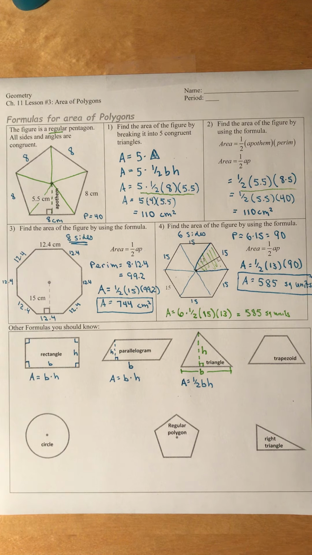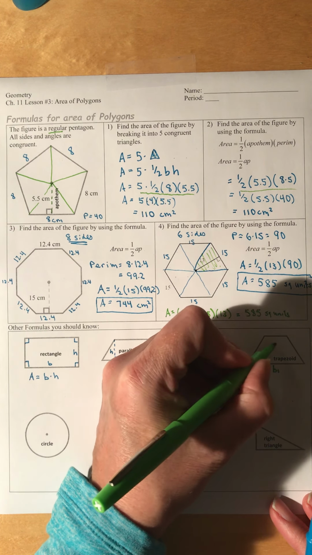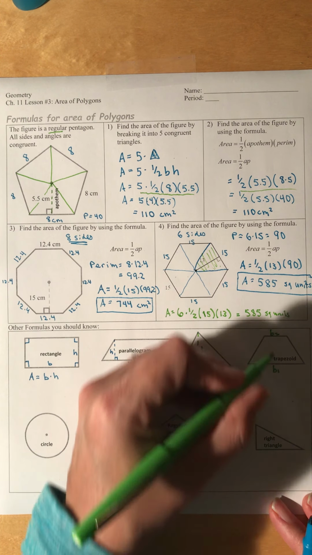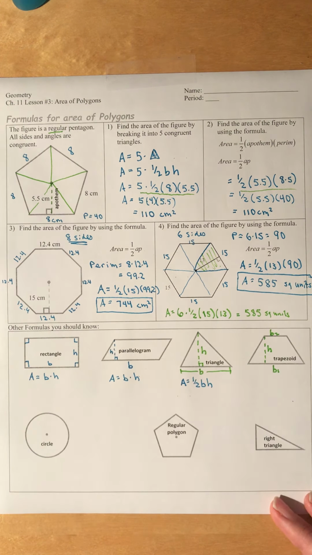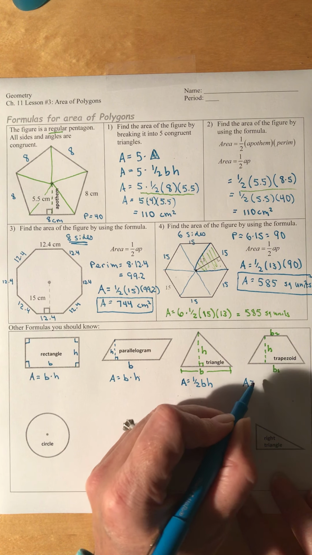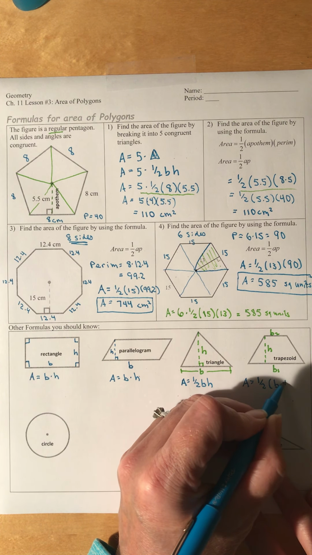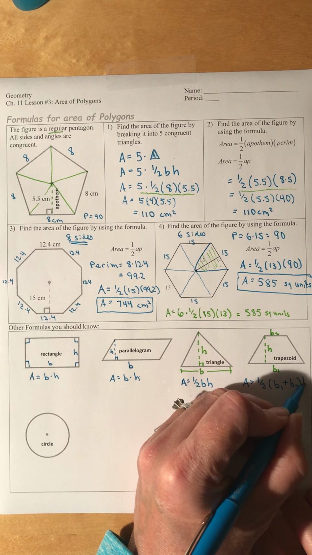The trapezoid we've done earlier in the school year, but you need to know that the parallel sides are considered the bases, base 1 and base 2, and the height is the distance between the bases. And the area is 1/2 base 1 plus base 2 times the height.